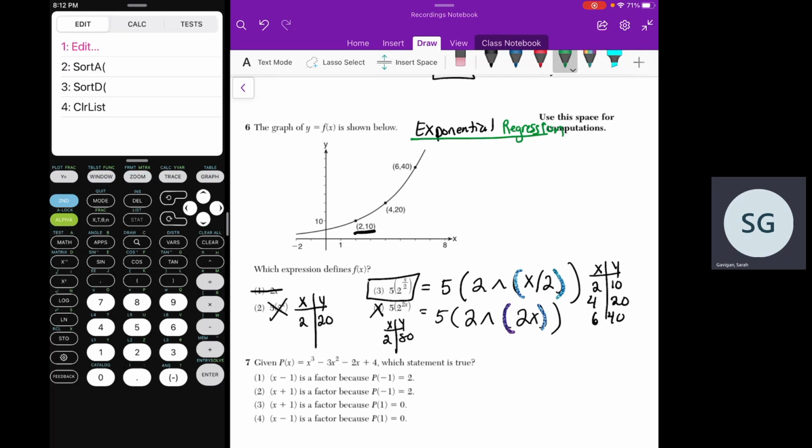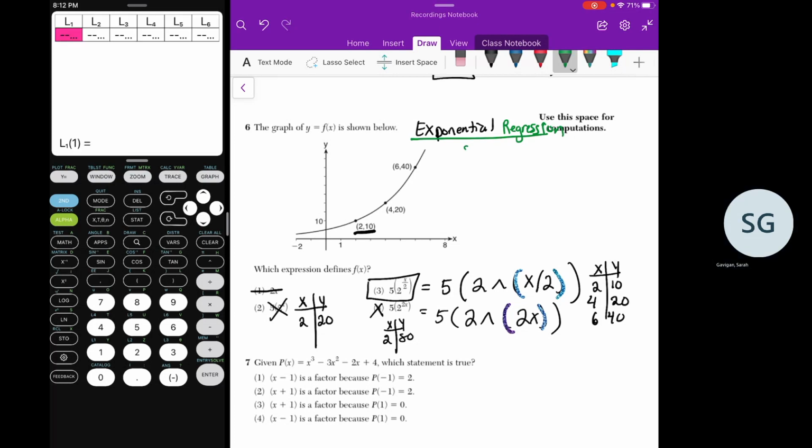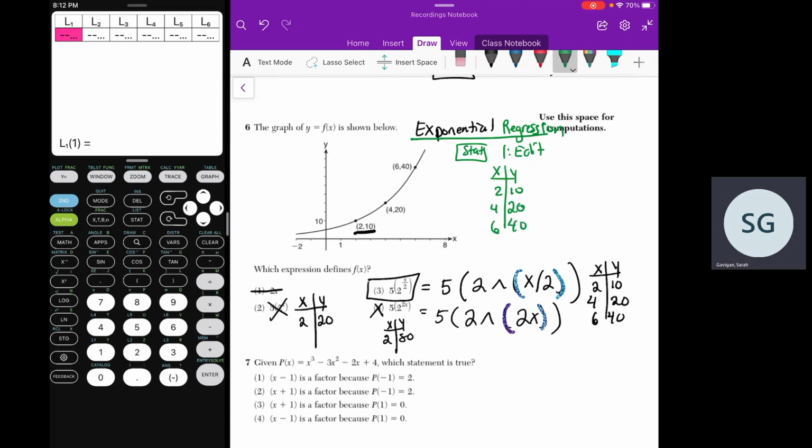So press Stat, Edit, Stat Choice 1. And you're going to put in this table of values where you have 2, 10, 4, 20, and 6, 40. So I'm going to type that in 2, 4, 6, and go over.